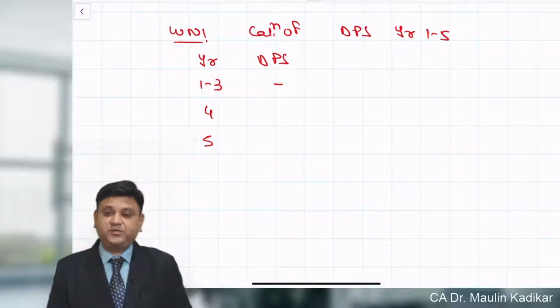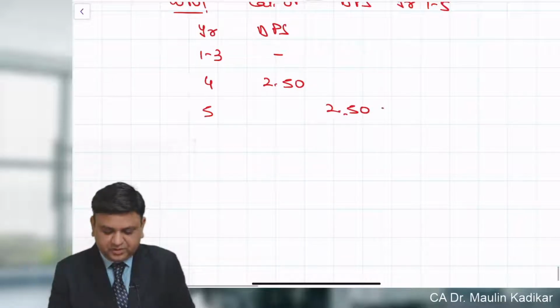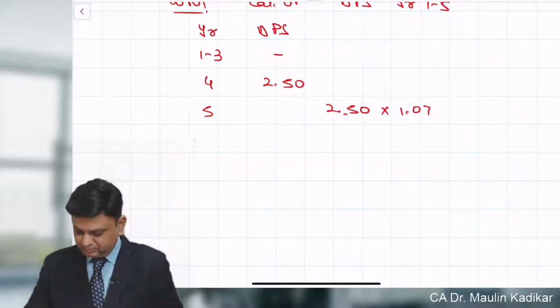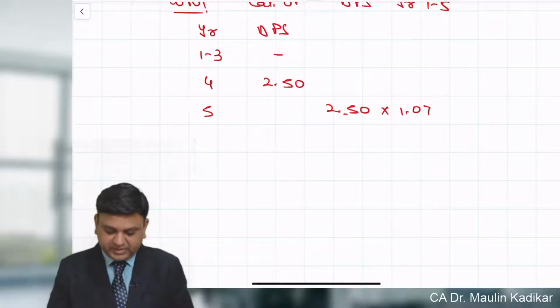Dividend per share for the first 3 years will be 0. 4th year it is 2.5. 5th year it will be 2.5 into 1.07, that comes to 2.675.